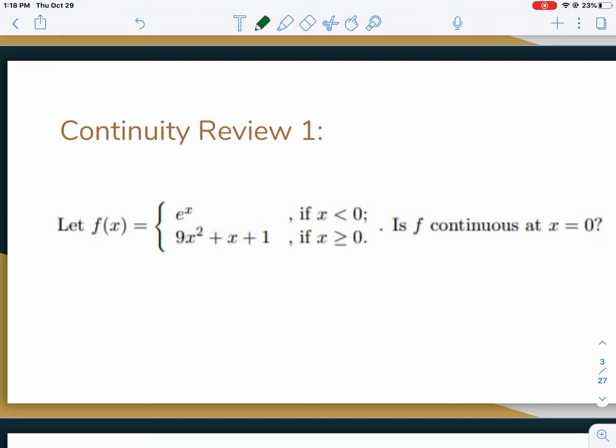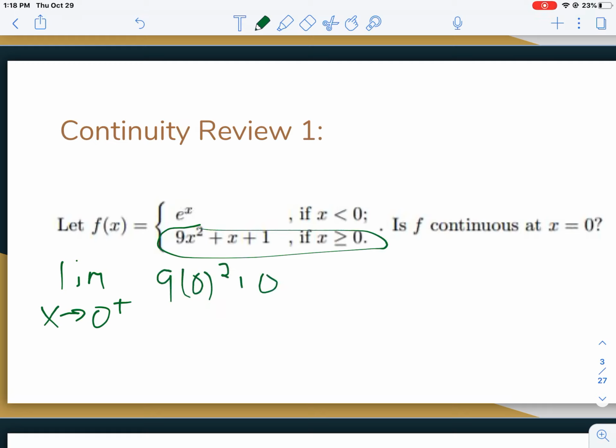So, we can do some review. Is f continuous at x equals 0? Well, the limit as x approaches 0 from the right, we're going to use this function. So 9 times 0 squared plus 0 plus 1, the limit as x approaches 0 from the right is 1.